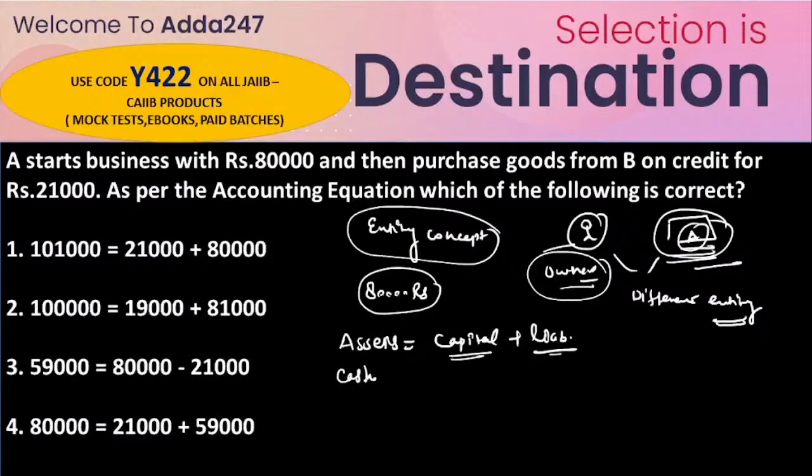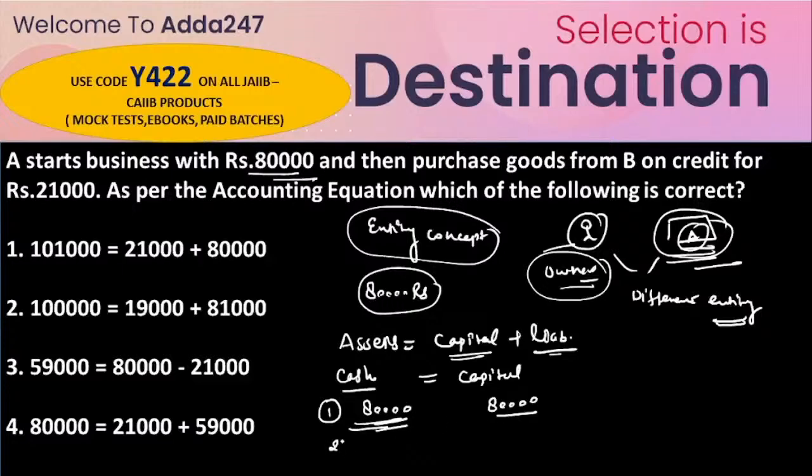Cash always comes under the asset side. So for the first transaction, A started a business with 80,000 rupees. This is cash for me, suppose I am A, and capital for my company. So we write 80,000 and 80,000.